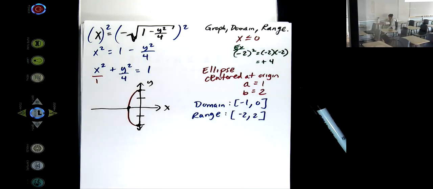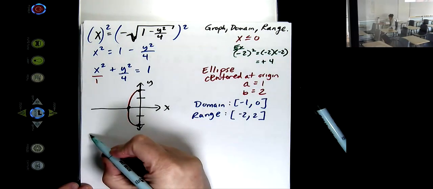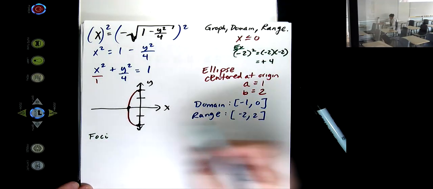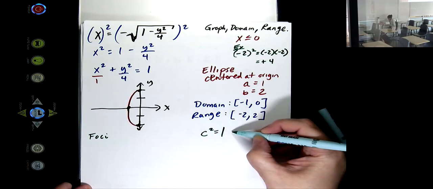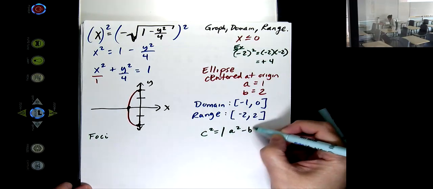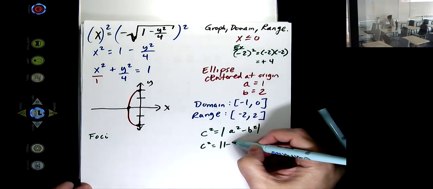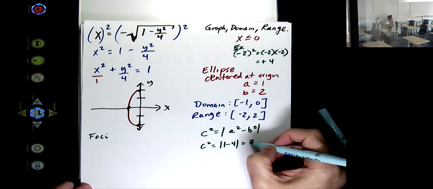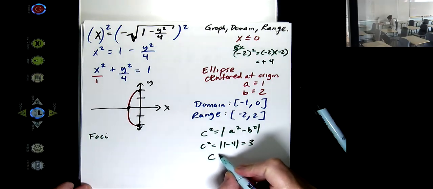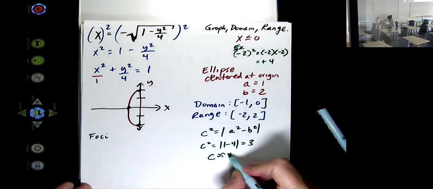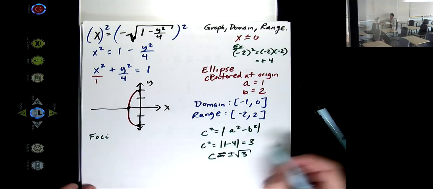All right, where would my foci be? Let's find our foci. We need c squared. C squared is the absolute value of a squared minus b squared, which is 1 minus 4, which is 3. So c is the square root of 3.